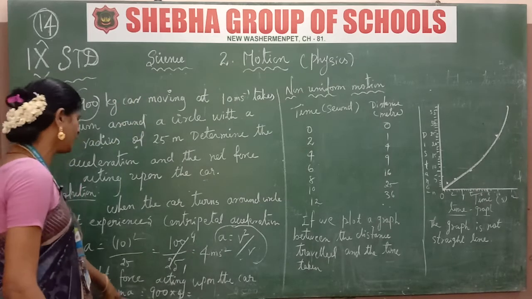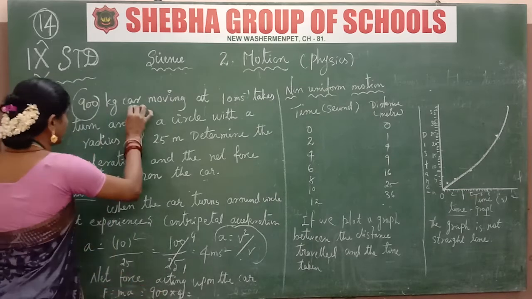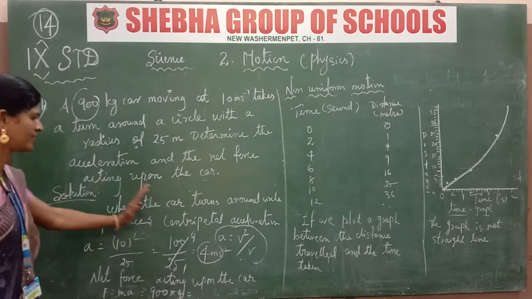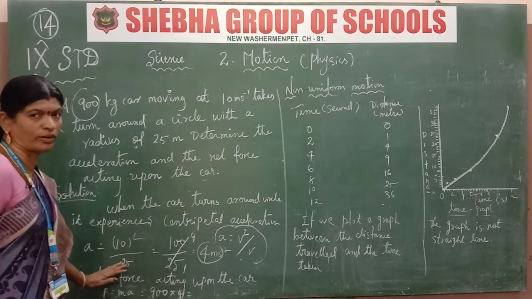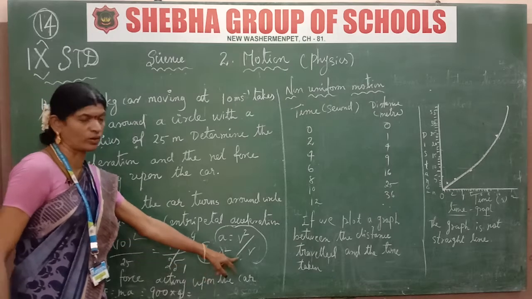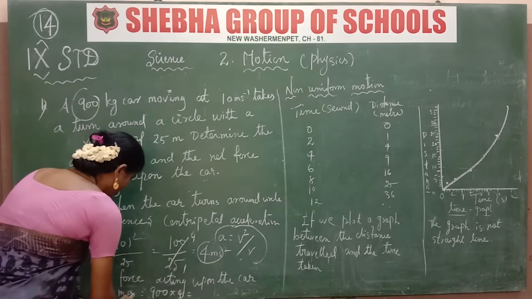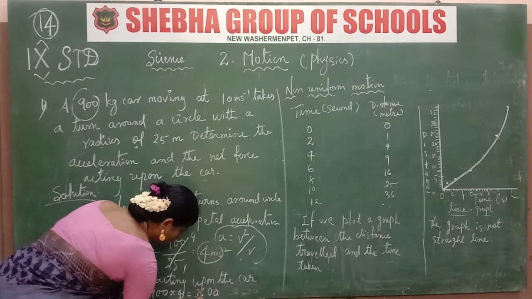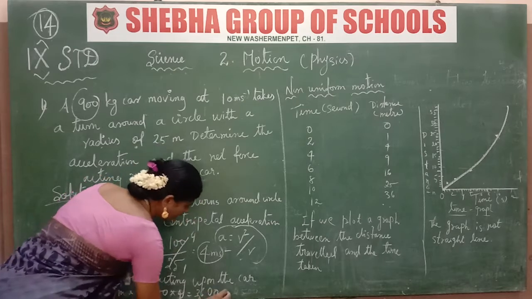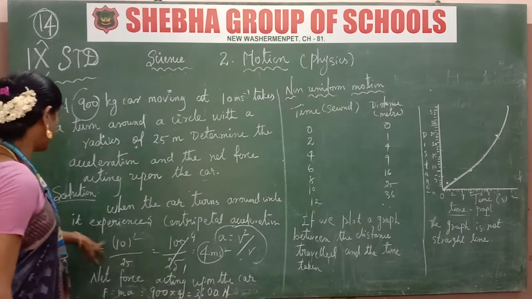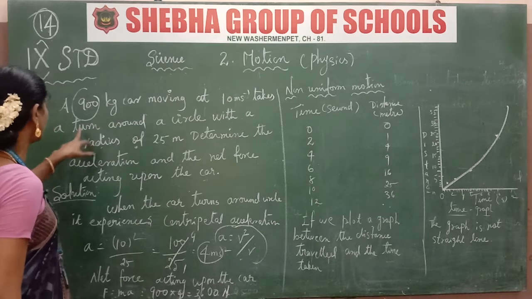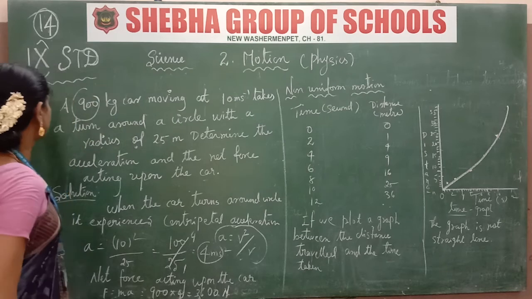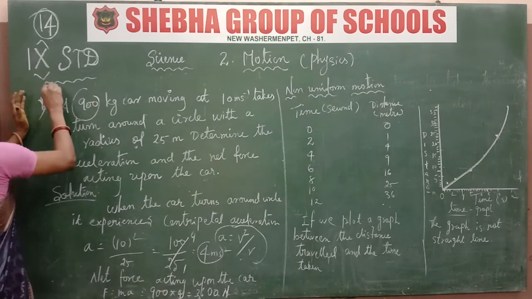So F equal to m a equal to 900 into 4, equal to 3600 newtons, for the car experiencing the turn around the circle. Okay, it's clear.